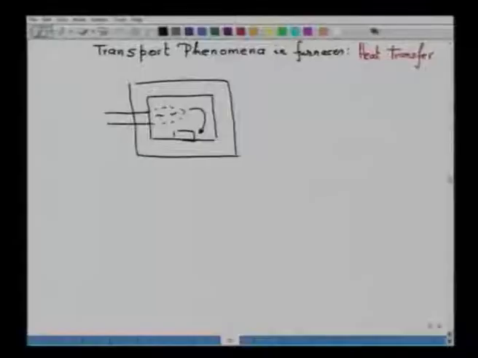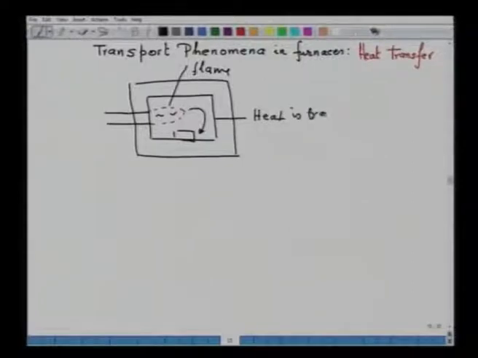If we see this particular combustion chamber of a furnace, then this is a flame, and here heat is being transferred by radiation and convection.